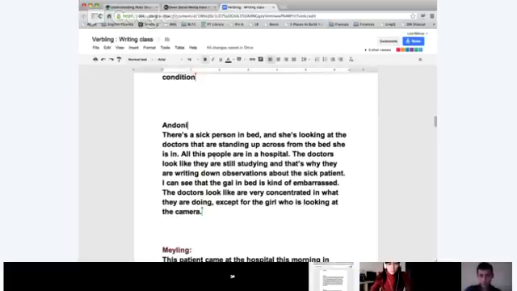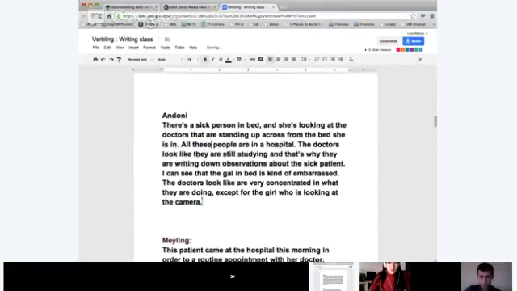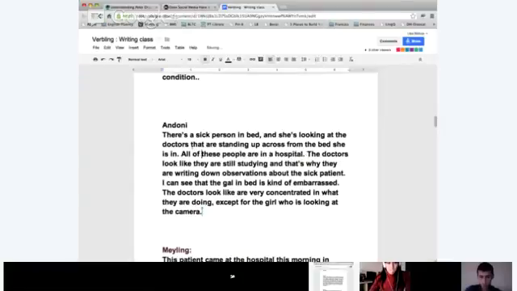Okay, good. There's a sick person in bed and she's looking at the doctors that are standing up across from the bed she's in. Good. All, and instead of this, it's these. All, and we usually put all of these people are in a hospital. The doctors look like they are still studying, and that's why they are writing down observations about the sick patient.